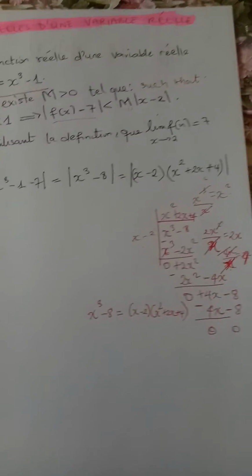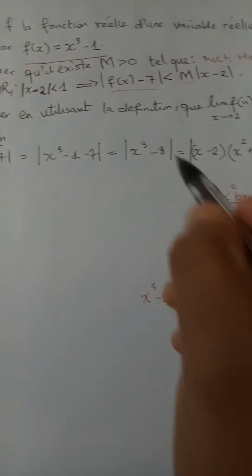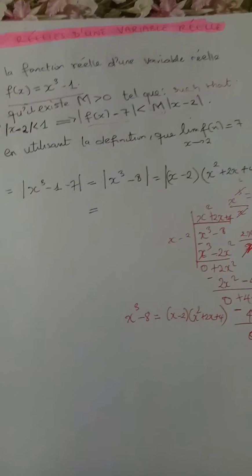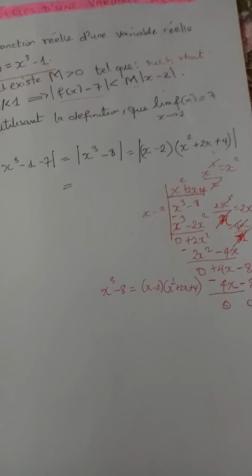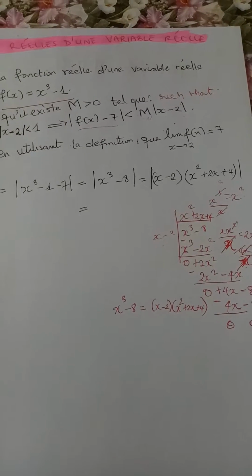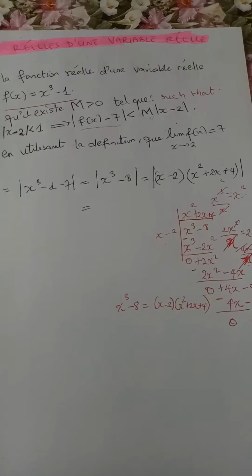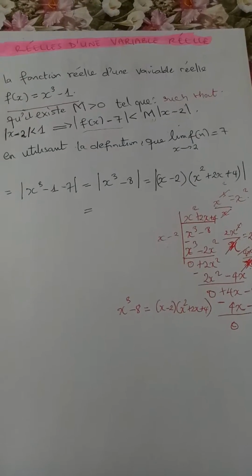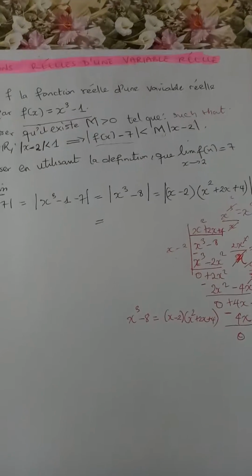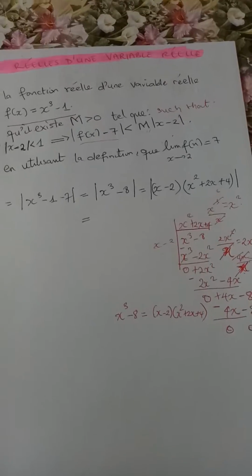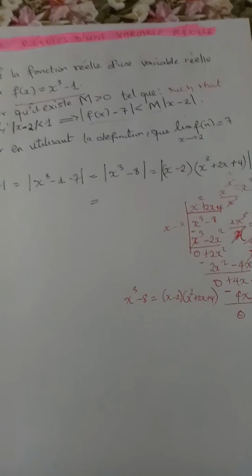Now, having this, we know that there's this rule that states that the product of absolute values is equal to the absolute value of the product. I repeat, the product of absolute values is equal to the absolute value of the product.